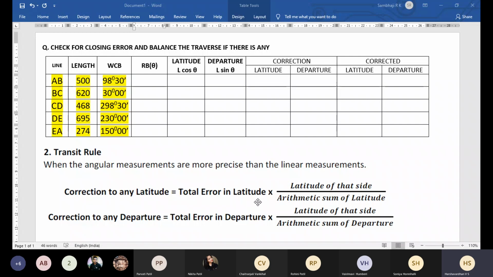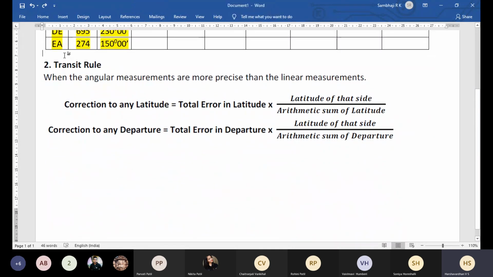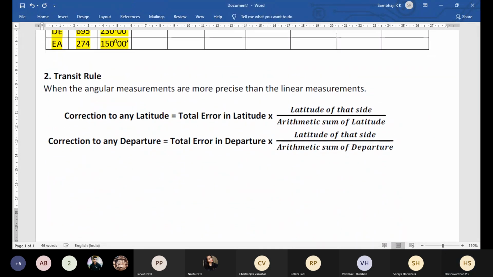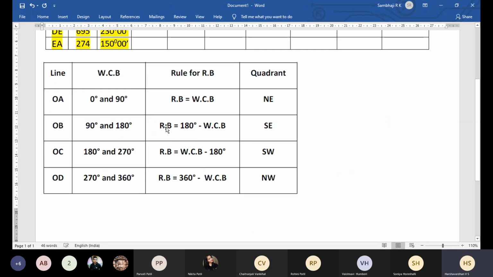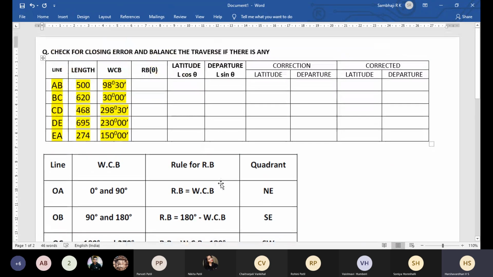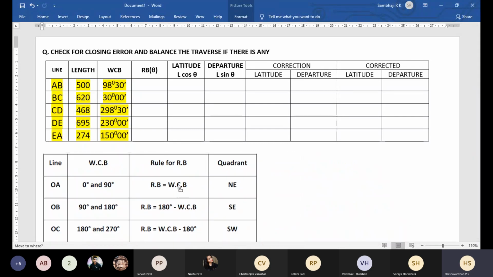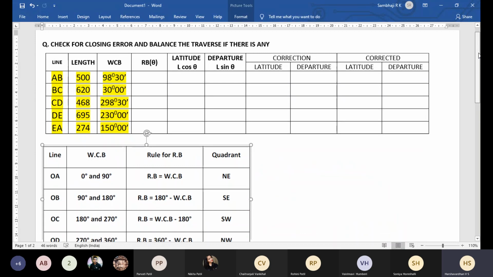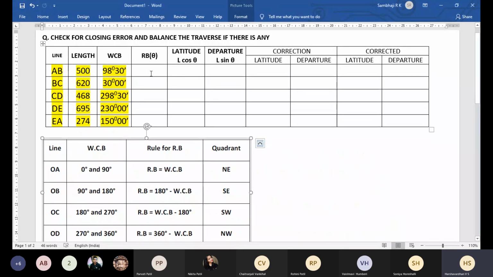If you don't remember that, you can refer to this table.